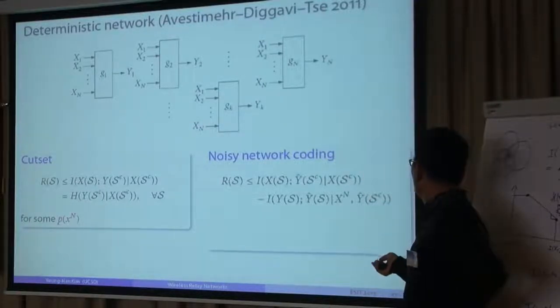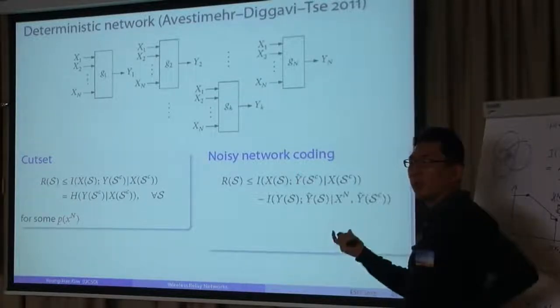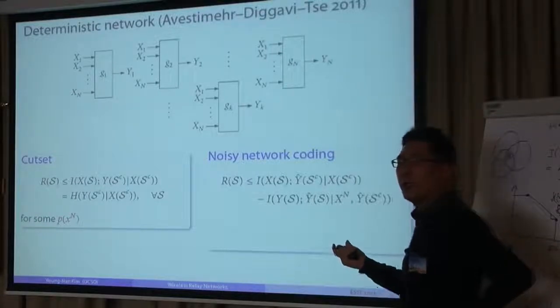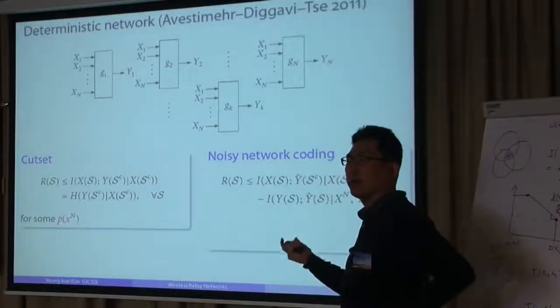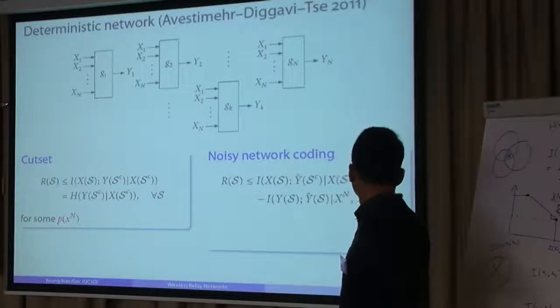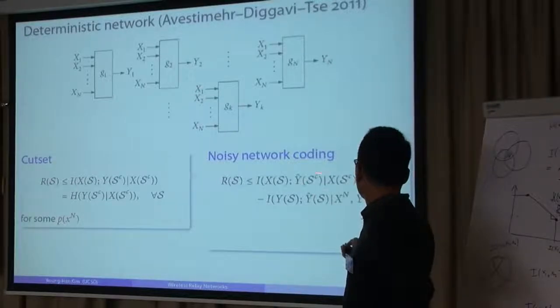For noisy network coding, we can again take Ŷ as the same as the non-quantized version. And here, the quantization actually doesn't cost anything because I can condition on X_N. So if I take Y as Ŷ, the first term becomes exactly the same as before and the second term becomes 0.